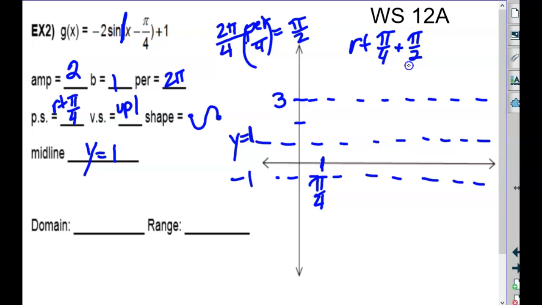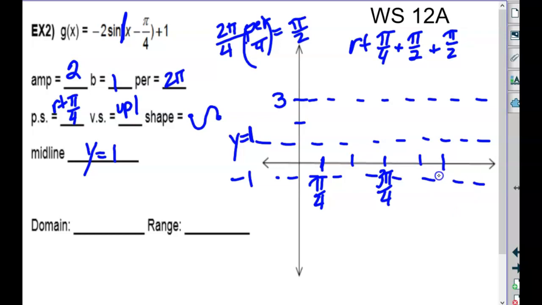What do you get? Yes. So 3/4, which means the next quarter point, you would add another pi over 2, which would be 5/4. You're adding a pi over 2, not a pi over 4.